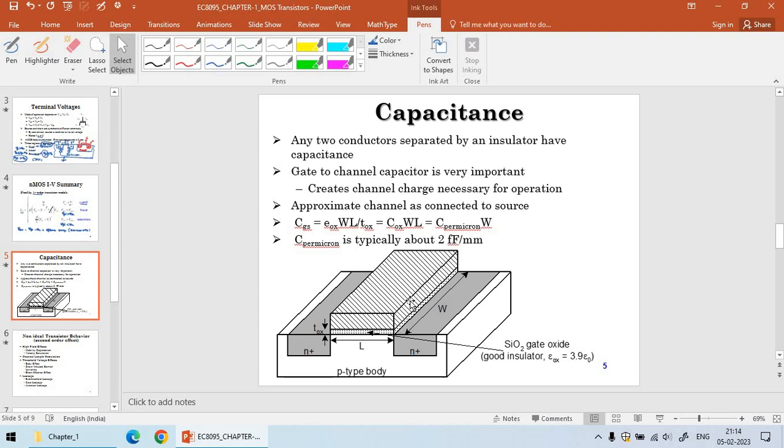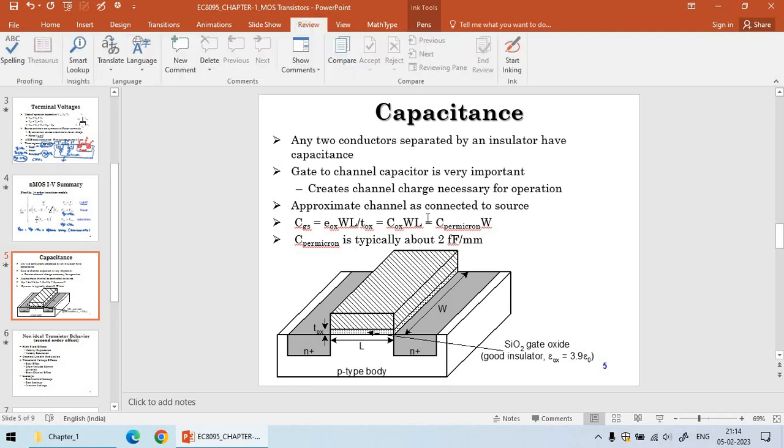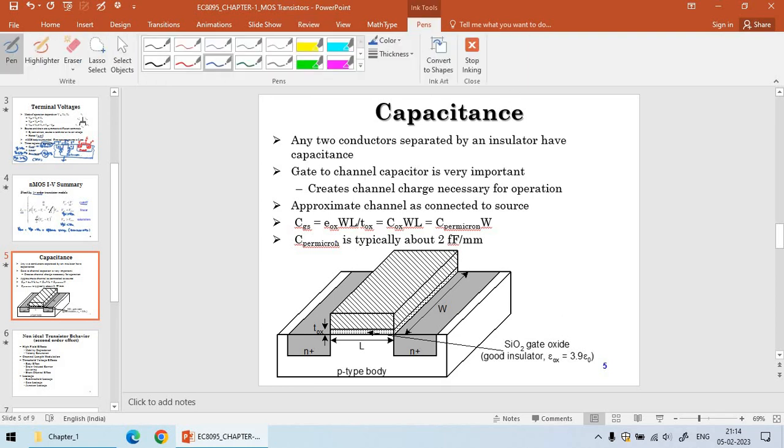Similarly, the capacitance. The device structure is nothing but this: this is metal, the thin layer is called oxide, and the surface or the below material is called semiconductor.